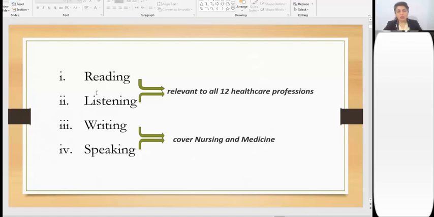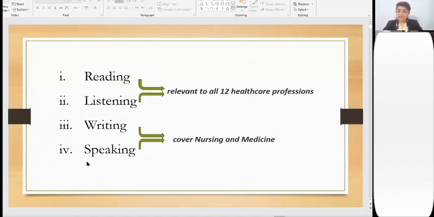Okay, so here it shows that reading and listening are equal and relevant to all 12 healthcare professions. So there aren't many differences between reading and listening. There are some differences, but not that significant.